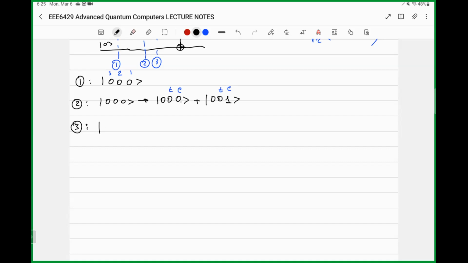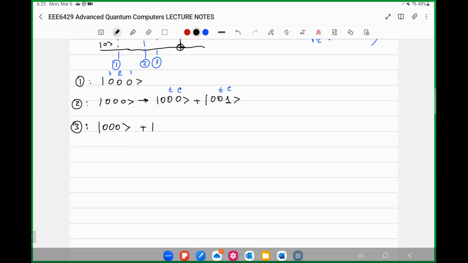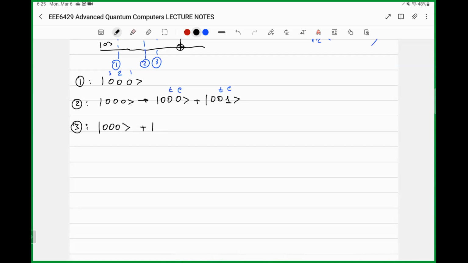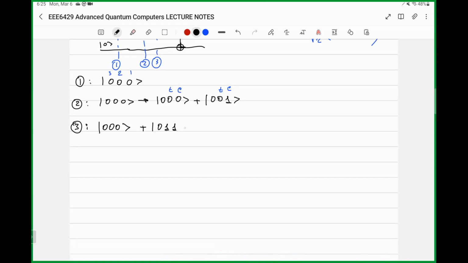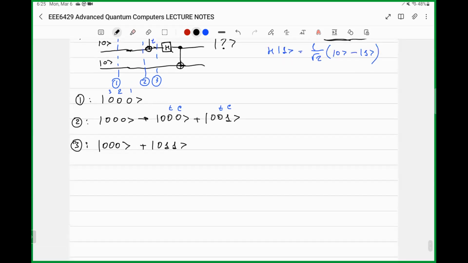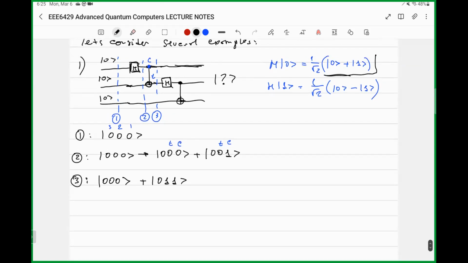The first control is 0, which means I leave my target unchanged. So this is state 0, 0, 0. And then plus the state 0, 0, 1. The control is 1, so I have to flip the target. So the resulting state will be 0, 1, 1. Very good. So this is the state at stage 3.